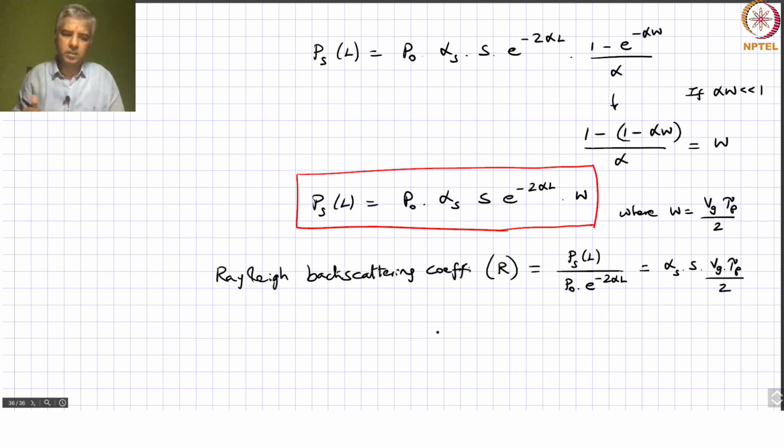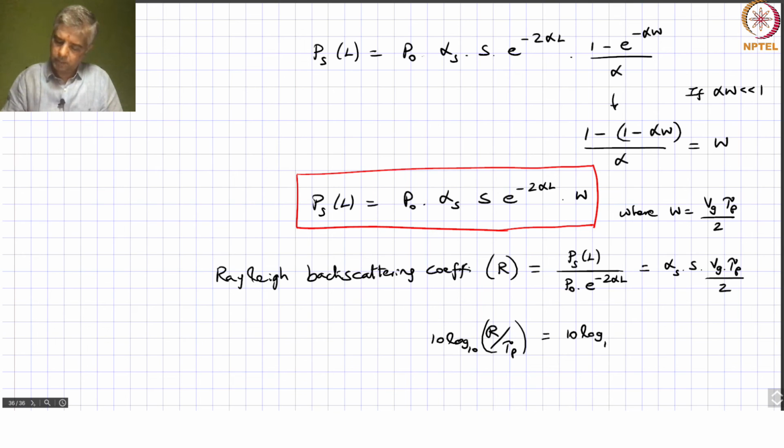So what you are interested in is a dB scale. So 10 log base 10 of R over tau P is what you are interested in. Okay, and so that is basically 10 log base 10 of your alpha S multiplied by Vg divided by 2.